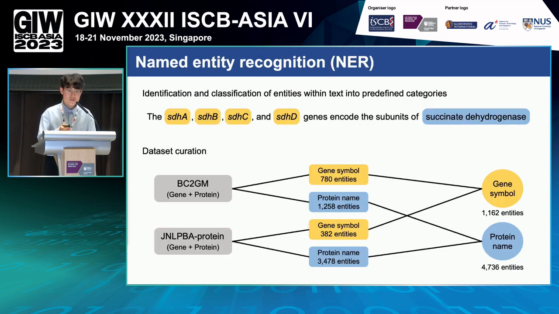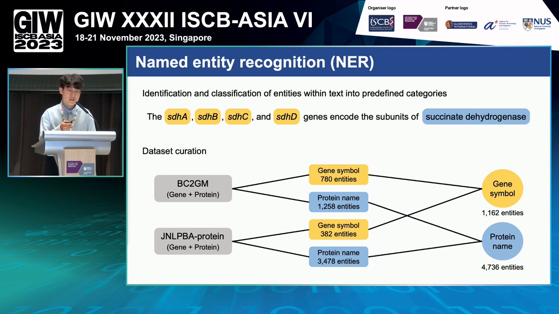Named entity recognition, called NER, is one of the natural language processing tasks which involves the identification and classification of entities within text into predefined categories. Entities are defined as something with distinctive existence, and in our case, we want to detect the words belonging to gene symbols and protein names.